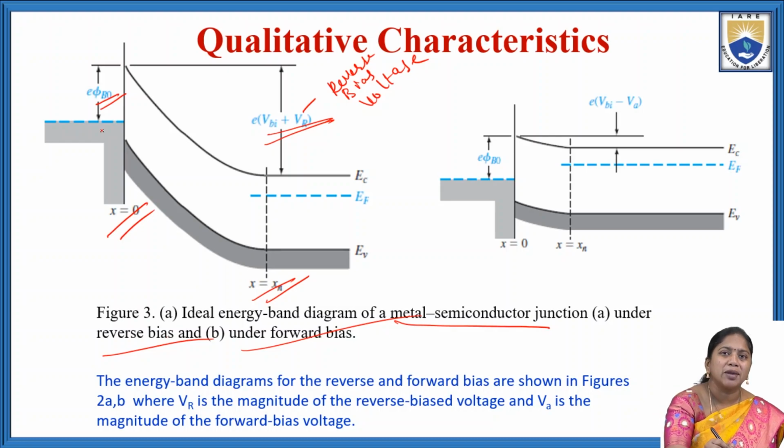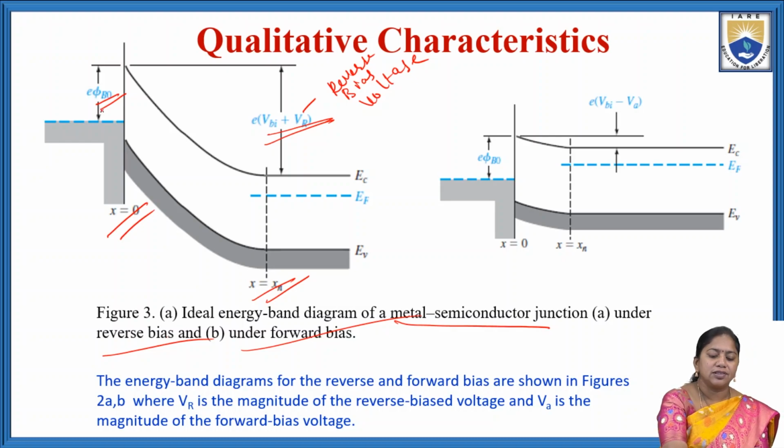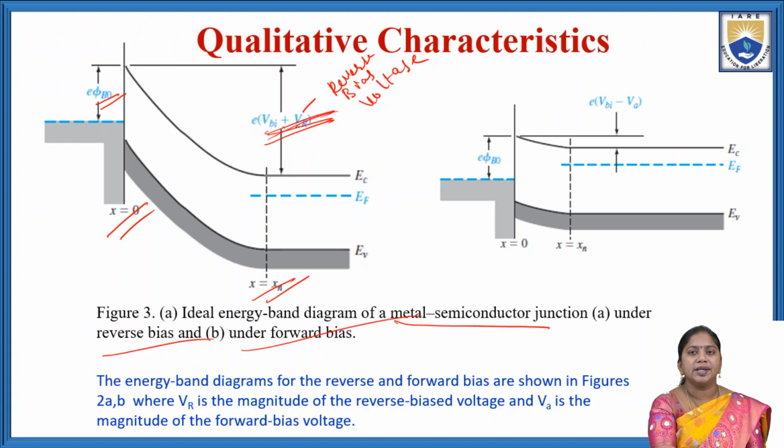Here e is the charge of the electron, and phi B naught is the barrier height, which equals e times VBI plus VR, where VBI is the built-in potential and VR is the reverse bias voltage, with x equal to xn and x equal to 0.